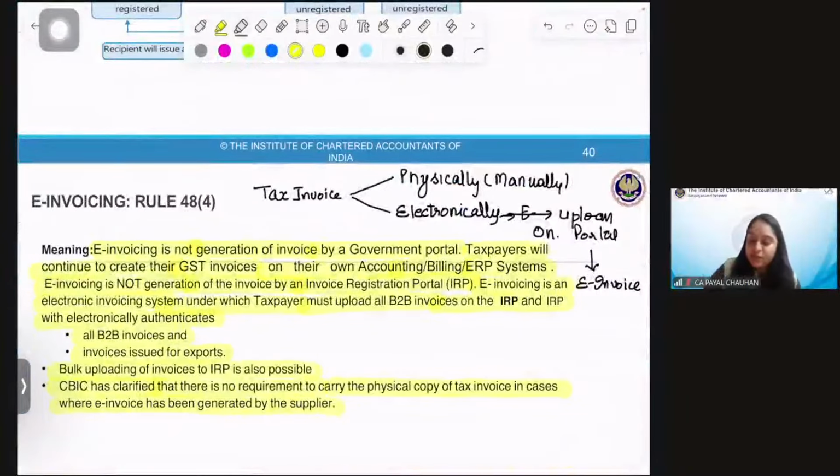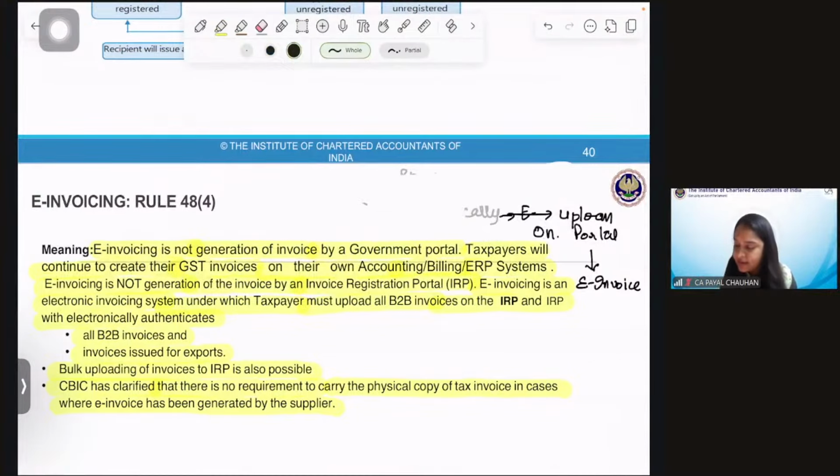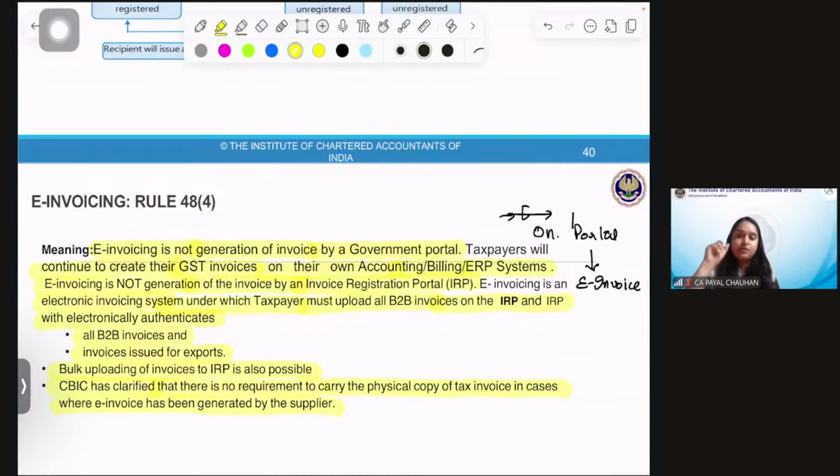Now, e-invoicing. Tell me one thing now. This is an example for you people. E-invoicing means making an invoice through IRP. True or false? E-invoicing means making an invoice through the invoice registration portal, IRP. True or false?